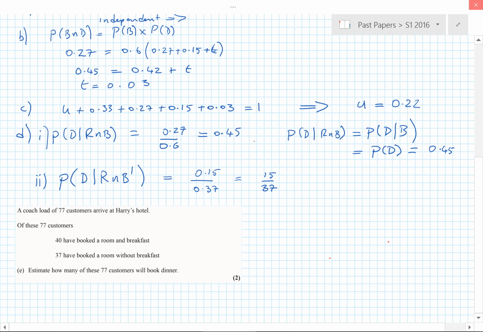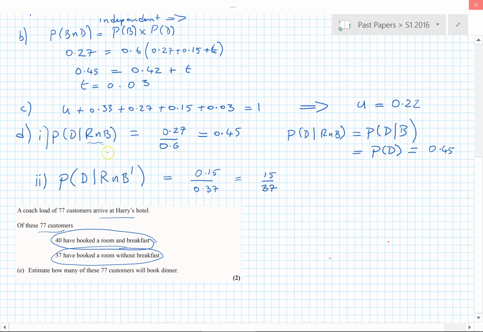Because it says a coach of 77 customers arrived at the hotel. Of these 77 customers, and this is the key, the 77 is a bit of a red herring, if you like, 40 have booked a room and a breakfast, and 37 have booked a room without breakfast.